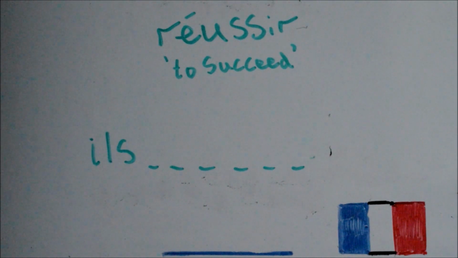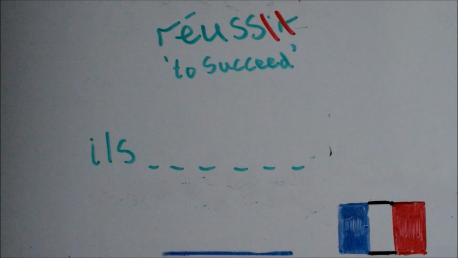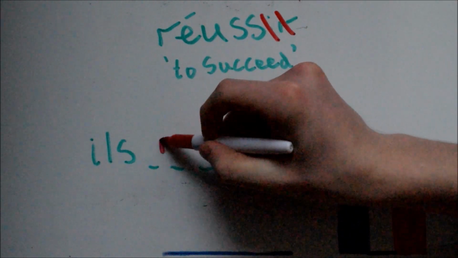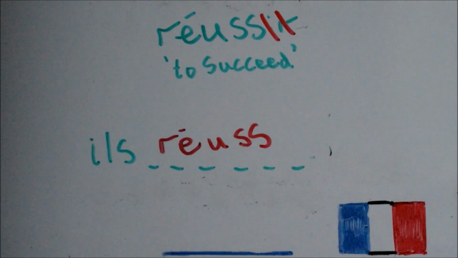Just like before, you need to take off the ending IR. This gives you the stem REUSS. Now, we need to add on the ending. Since it is an IR verb, we need to add on the IR ending for they.